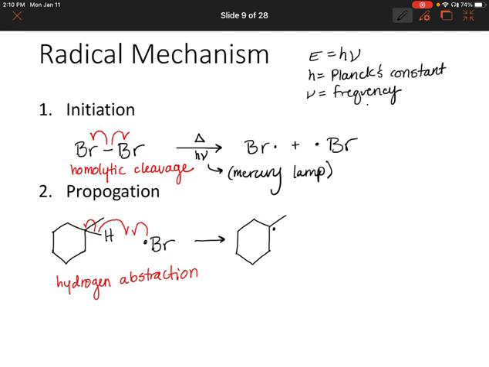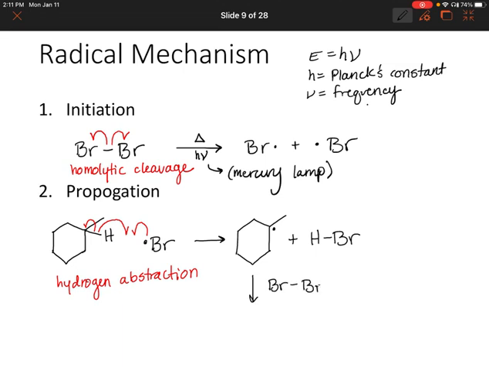Now, in the next step, we're going to perform halogen abstraction. Oh, sorry, I forgot our other product, which is HBr. So the hydrogen and the bromine have combined to form a single bond. Now, again, in the next step, we're going to perform halogen abstraction.